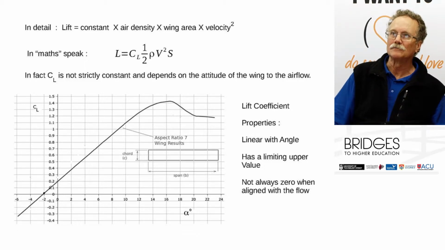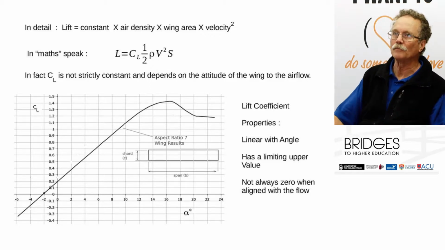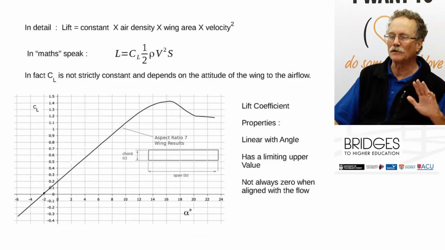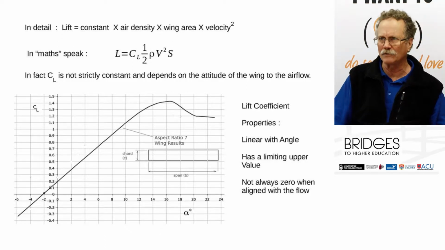There's a half stuck in there. That'll get to later when we come to talk about Bernoulli and his ideas. The density is there, which is called rho, the velocity squared, and then the area of the vehicle. CL, in fact, though, is not really constant. You can actually change this constant by adjusting the attitude of your wing to the airflow.